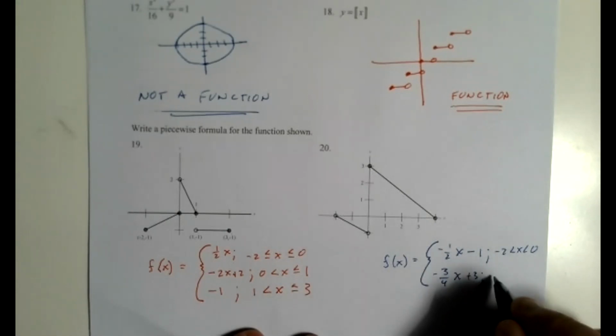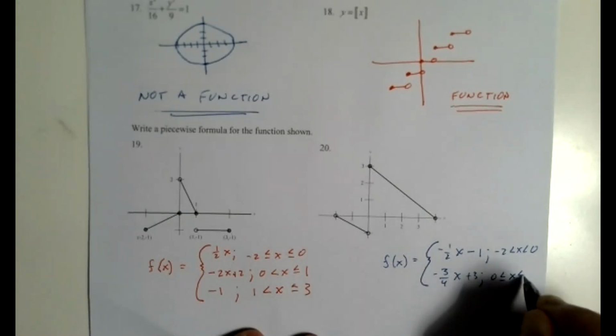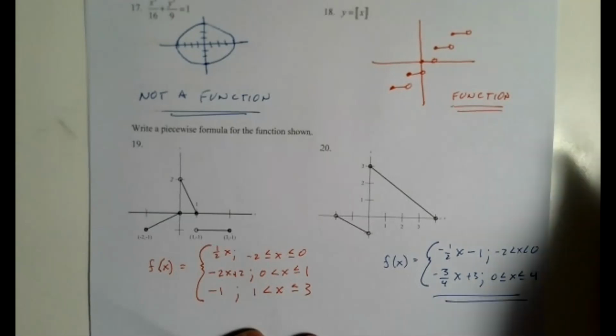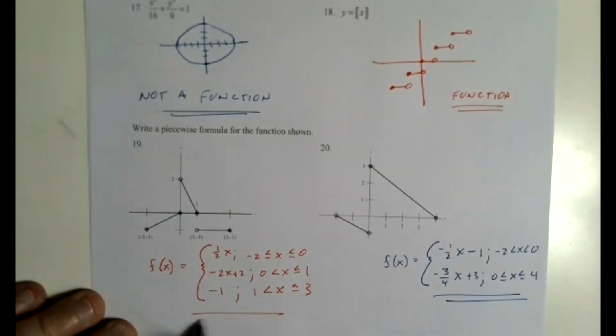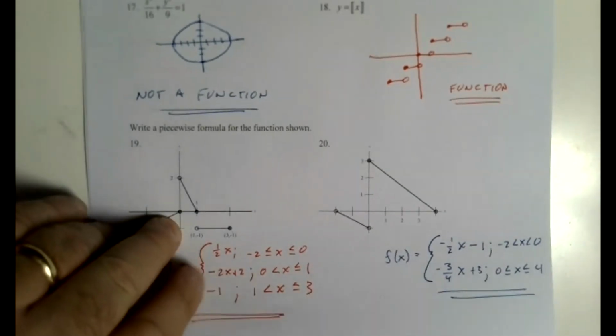It's hard to tell. Let's assume they are. 0 less than or equal to x less than or equal to 4. Dicey, but doable. Just making sure you know piecewise.